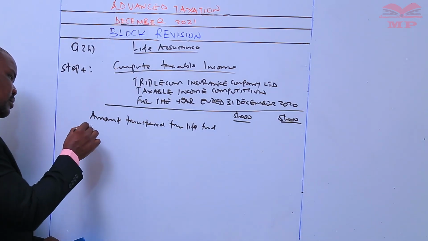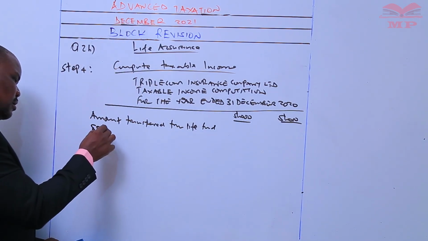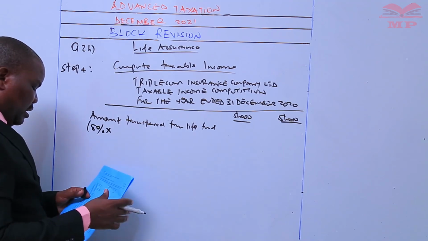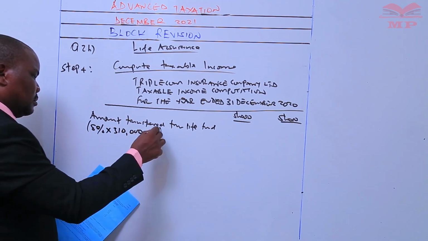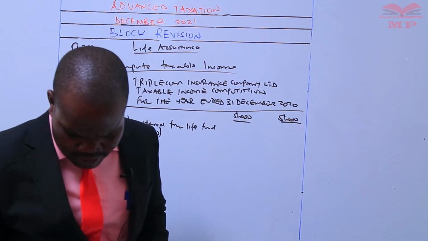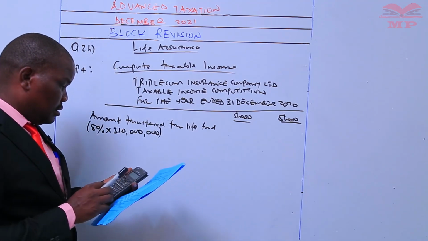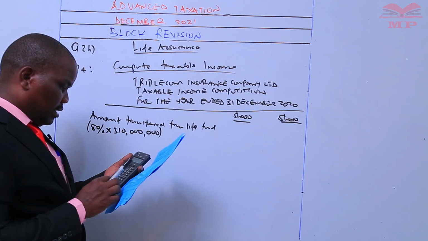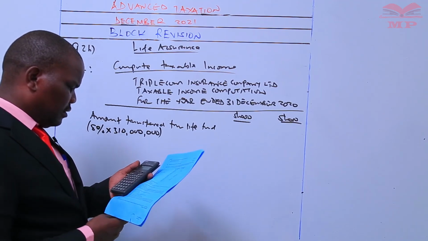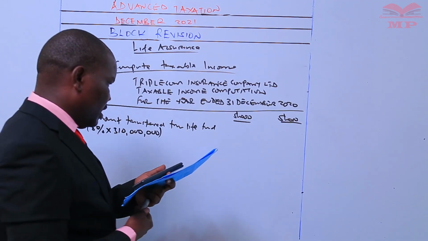So we shall do 8% of the fund balance at the end of the year, which we are told is 310 million shillings. So we work out that we shall have 8% of 310 million. I'm getting 24.8 million shillings.